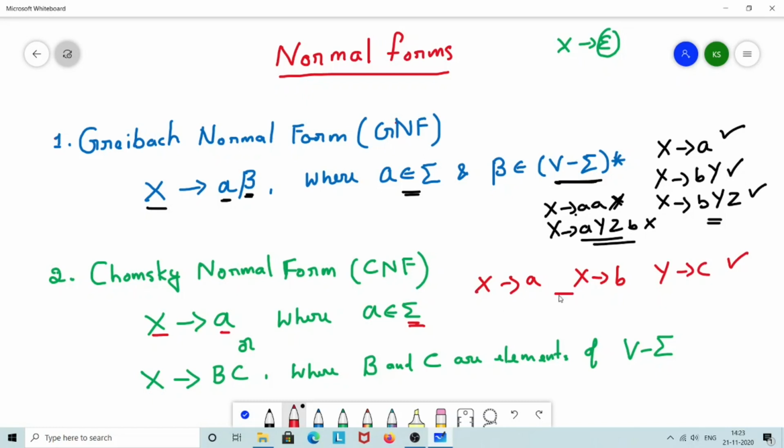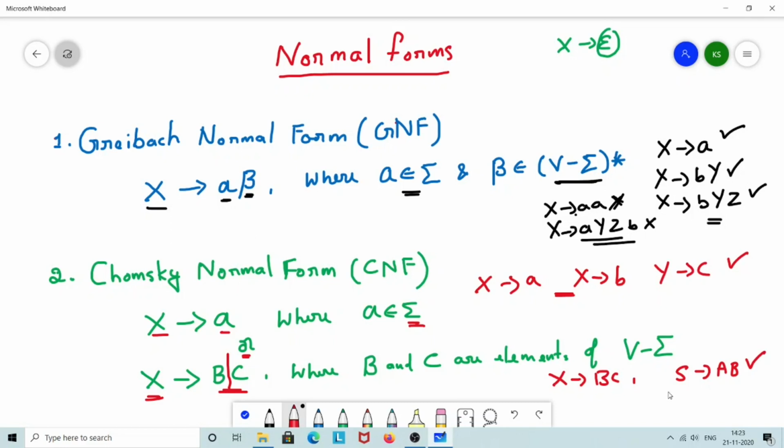Or, if it is not in this way, then the rule should be written as X gives BC, where B and C are two non-terminals. So on the right side, I can have only two non-terminals. An example would be S giving AB. So these are valid.